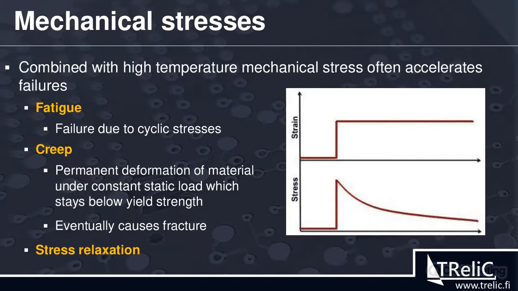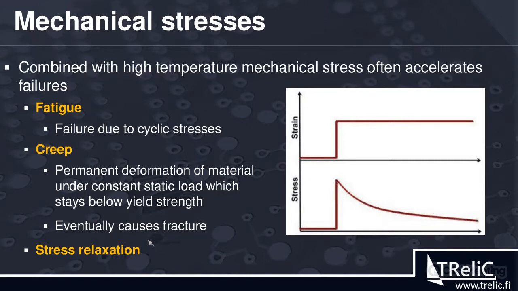So it will change, it will creep, the polymer chains in the material will align differently so that they can absorb the stress and this way lower the stress the material is exposed to. And this again eventually leads to cracking. And both are very, very important reasons for failures due to mechanical stresses.